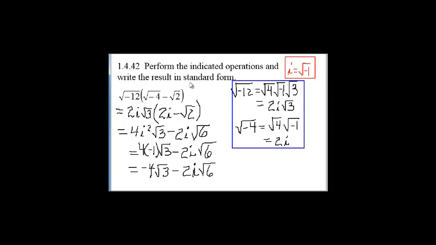A lot of times when a radical expression involving i is written, we will put the i in front of the radical to make sure it's clear that it's not inside of the radical. So this is how I deal with principal square roots applied to negative numbers.